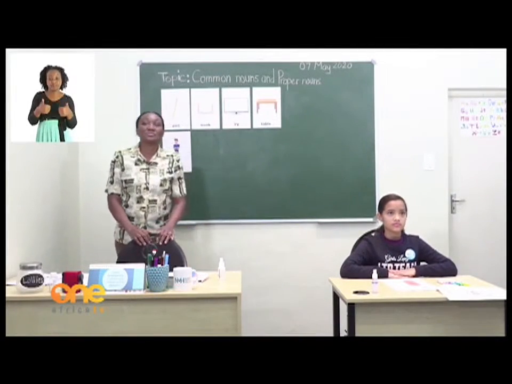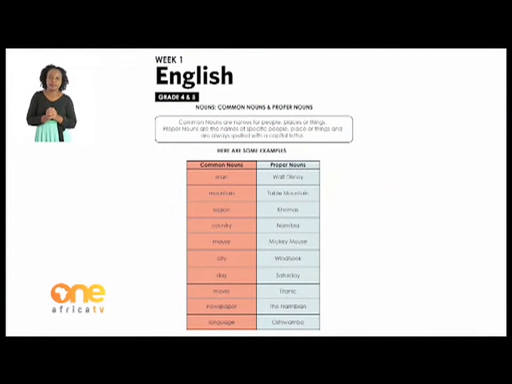Well, we are going to look at common nouns. What is a common noun? Chanel, do you know what a common noun is? Okay, a common noun is a name that we give to ordinary objects.